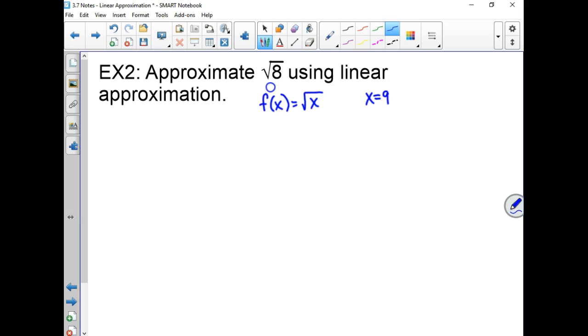All right, so I would use that for a tangent line. So for the tangent line, it's the same derivative that we just found. So it's 1 over 2 square root of x. We would find f prime of 9 this time, which would give me 1 over 2 times the square root of 9, which is 1 over 2 times 3, which is 1 over 6.